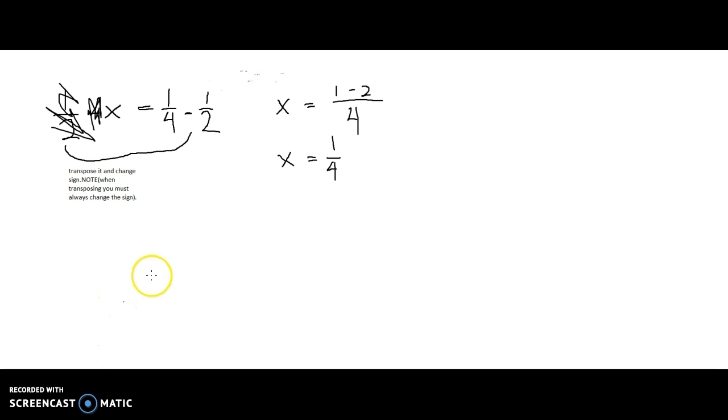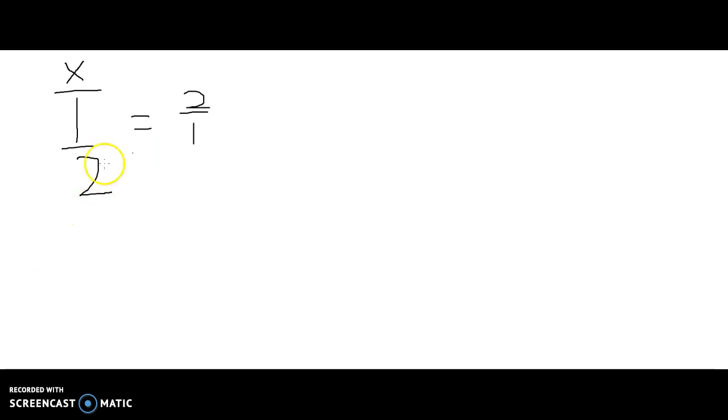And then there's also, in equalities, multiplication. You do the same thing. What if it gives you an equation like this? It's the same as we did in the last video. You just put it and it'll be negative 1/2.